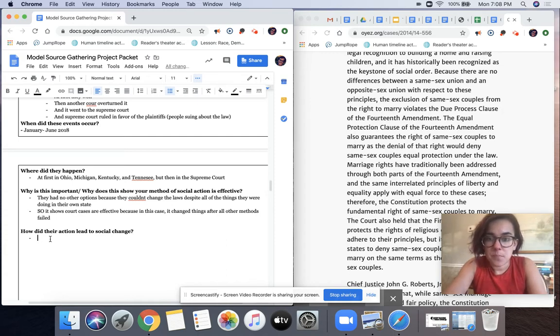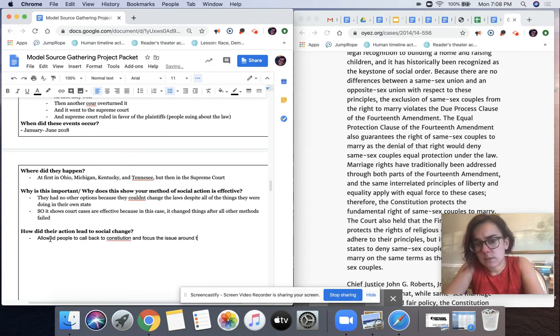So they allowed people to fall back to the Constitution and focus the issue around their rights, and I might add more and more.